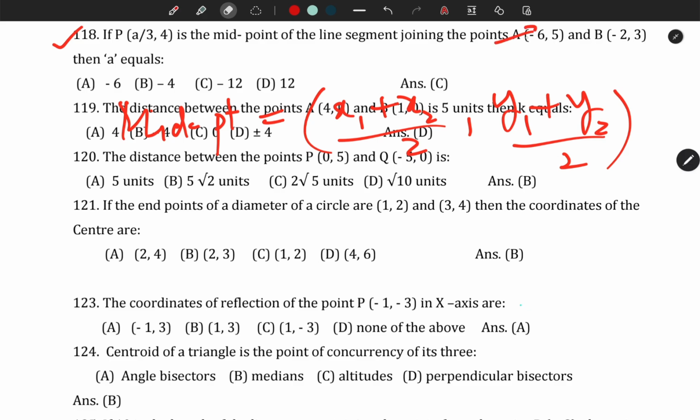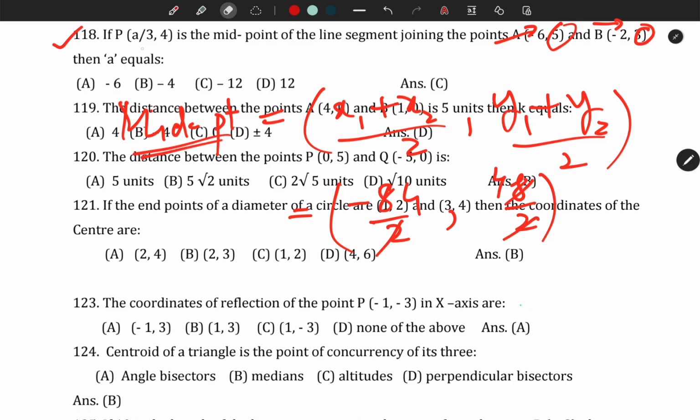Here x1 is minus 6, x2 is minus 2. So minus 6 plus minus 2 will be minus 8 divided by 2, comma, then y1 is 5 and y2 is 3. 5 plus 3 is 8 divided by 2. So the midpoint we're getting is minus 4 comma 4.